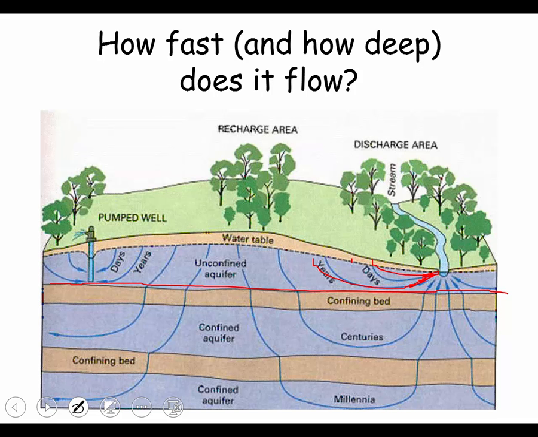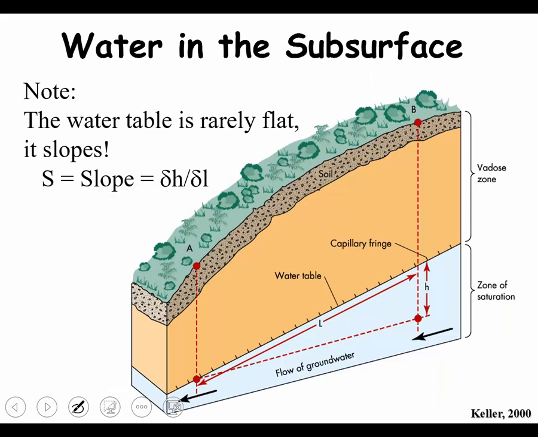So depending on the geologic history, as well as the hydrologic history, we can be pumping really old water, and that's in fact what we're doing in the Panhandle. We're pumping water that's 10,000 years old, 18,000 years old.